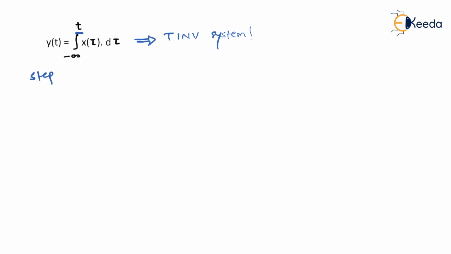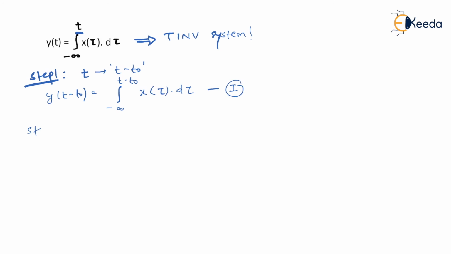Step number 1, replace t with t minus t naught. So it becomes y of t minus t naught, which is equal to integral from minus infinity to t minus t naught of x of tau d tau. So it becomes equation number 1. Step number 2, delay input by t naught. So it gives you y dash of t.